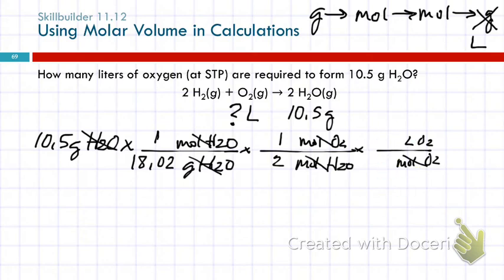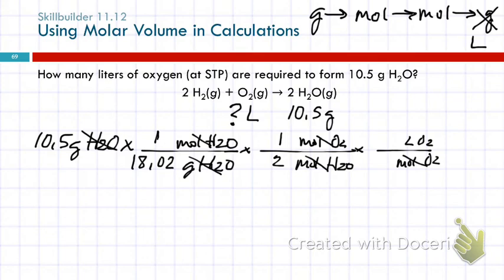At STP means I can use the 22.4. Sometimes students get confused and they put 22.4 moles per liter. It's the molar volume. That means it's the volume of 1 mole, just like a molar mass, it's the mass of 1 mole.